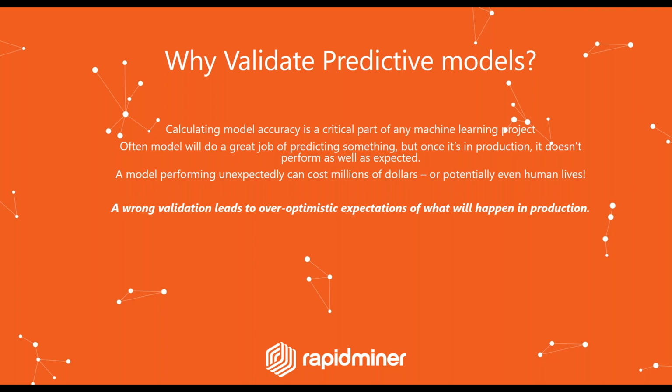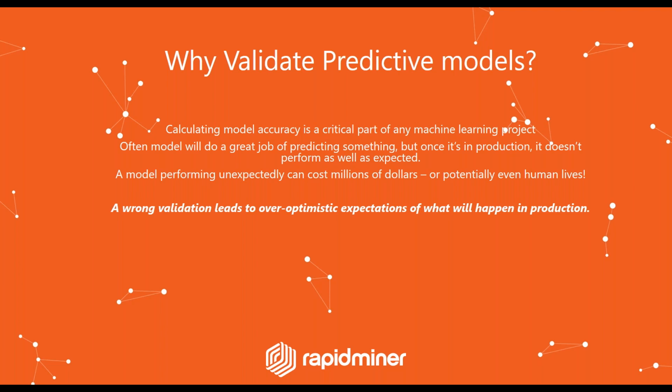So is it that the model is performing badly, or is it that it's not being validated in the right way? Often it's about how the model is validated, and the wrong validation would lead to over-optimistic expectations of what will happen in production.